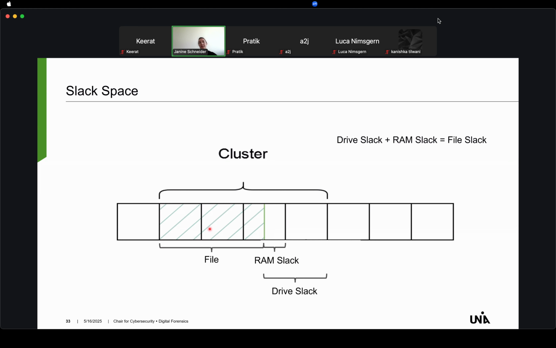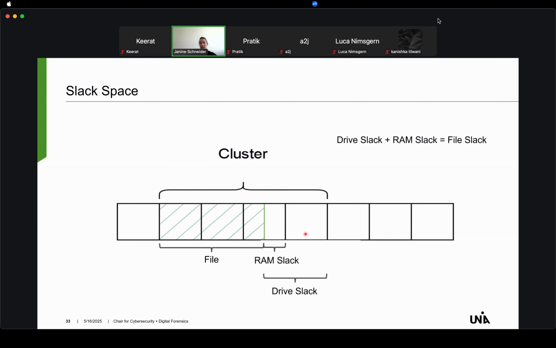And if your file is not big enough to fill a whole cluster, then there is Slack Space. So this cluster is composed of 4 sectors or blocks, but the file only needs 2.5 blocks. And so 1.5 blocks are still empty.